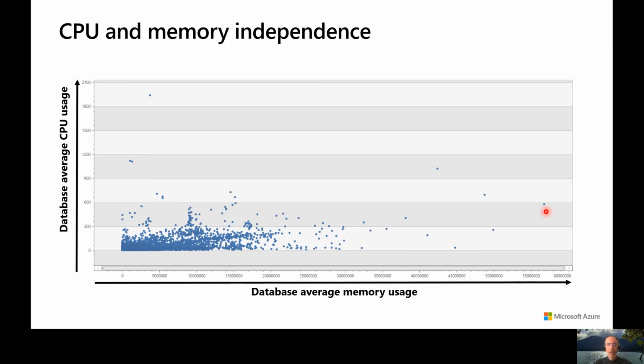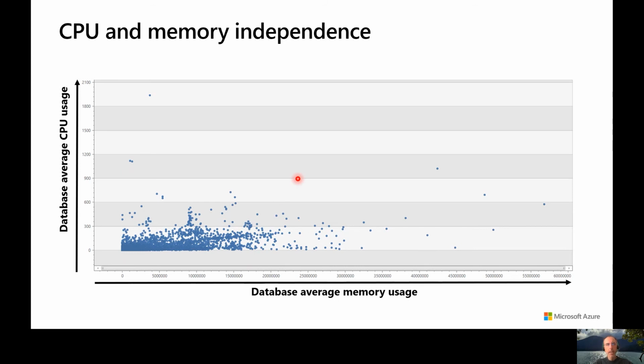Despite how it looks, there are hundreds of thousands of databases actually represented in the scatter plot, which were basically samples taken across a variety of data centers around the world of customer production workloads. Now you can see, for example, that some databases may consume quite a bit of memory, but a little CPU, whereas conversely, other databases may consume a lot of CPU and a little bit of memory, and various combinations of usage in between.